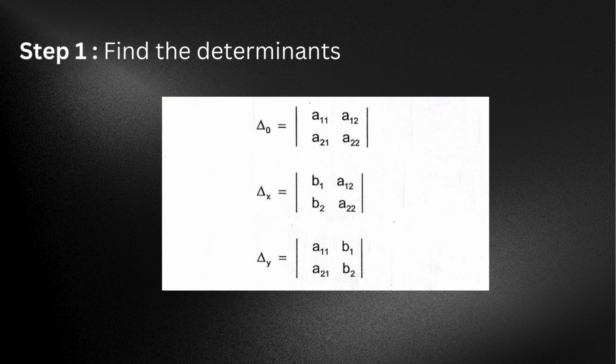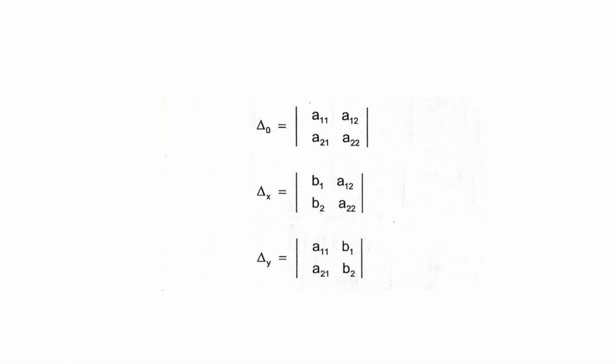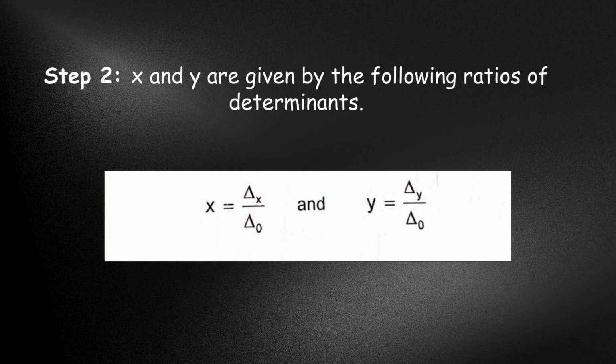DY equals the bracket A11, B1, A21, B2. Step 2. X and Y are given by the following ratios of determinants: X equals DX over D0 and Y equals DY over D0.